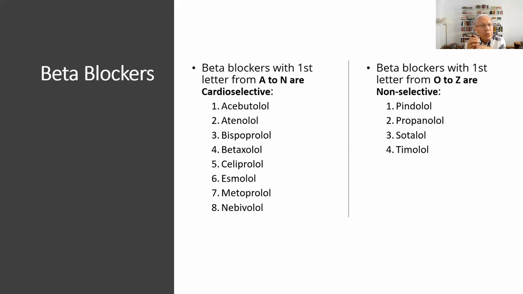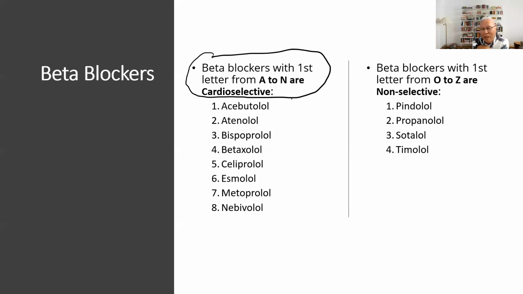So if you're using a non-selective beta blocker, it is contraindicated in patients that are going to have lung disease. However, there are now drugs that are cardioselective. So any beta blocker from A to N are all cardioselective.